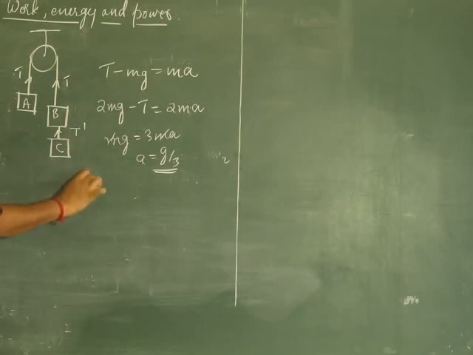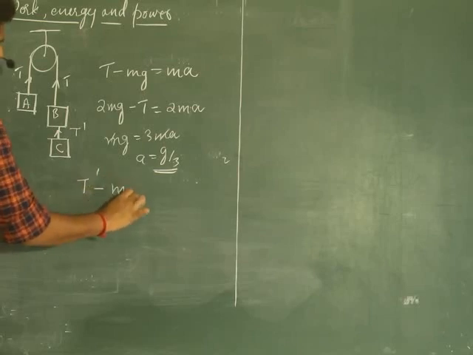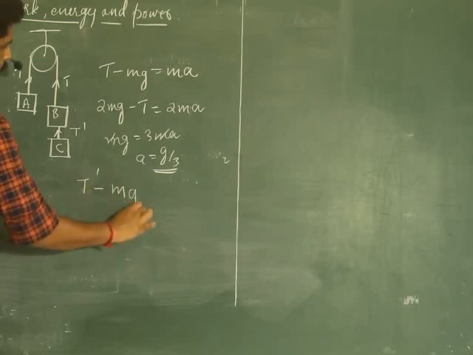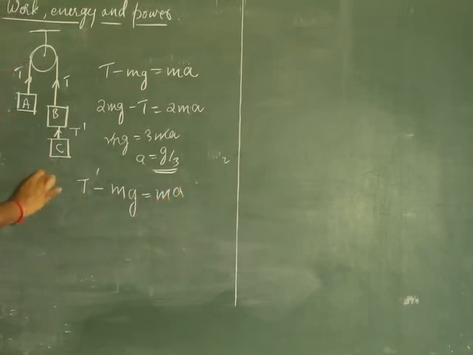Due to see this, okay, T dash minus m into G equal to m into A for C, okay, correct? For C, T dash minus mg equal to m into A because C is going downward, right? So what is the value of m? Value whether we know? Yes, we know.